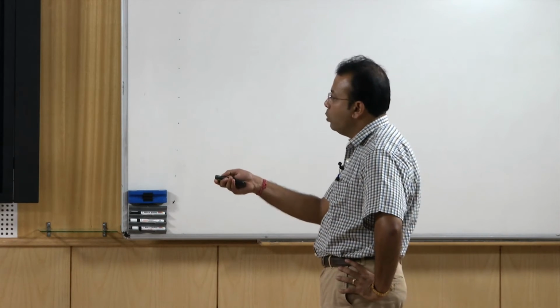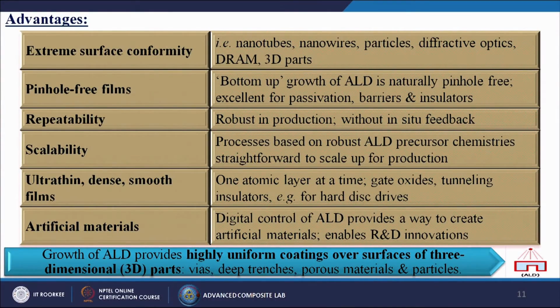Repeatability, robust in production without in situ feedback. Scalability, a process based on robust ALD precursor chemistries, straightforward to scale up for production. Ultra thin dense smooth films, one atomic layer at a time, for oxides, tunneling insulators or hard disk drives. So, we can go for a single layer, we can go for different layers, we can decrease or increase the layer thickness. There are several things we can do by these ALD techniques.